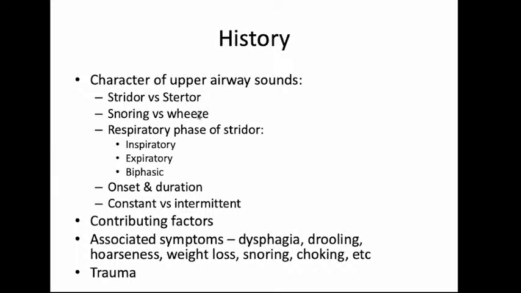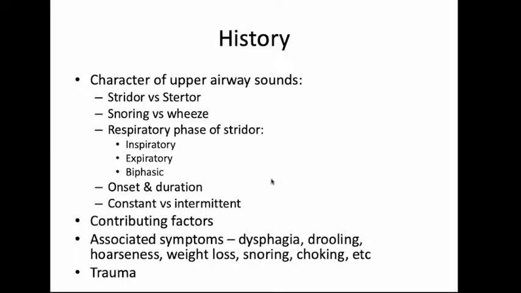A wheeze is more in the lower airway. And you have phases of stridor. It can be inspiratory, it can be expiratory, or biphasic. Biphasic meaning it is accompanying both inspiration and expiration. And when you pick this, then it tells you about the level of obstruction. I have that coming in the next slide.